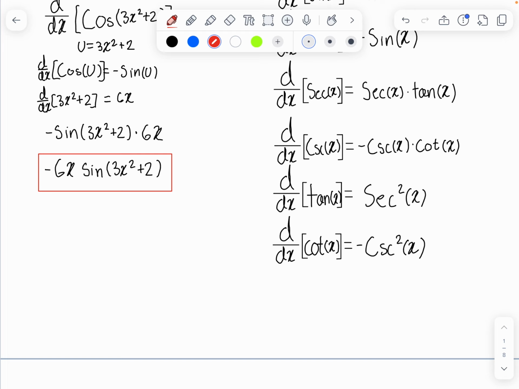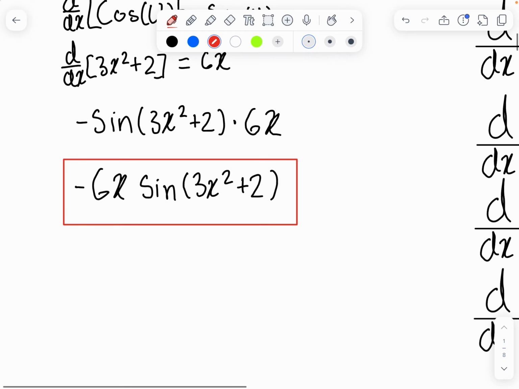So for this question, let's do... I moved on to integrals by accident.